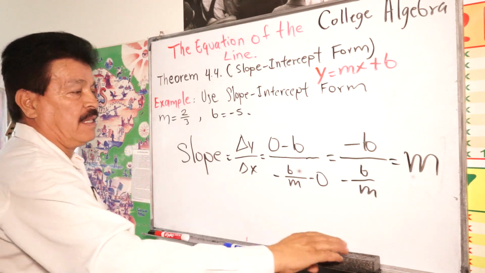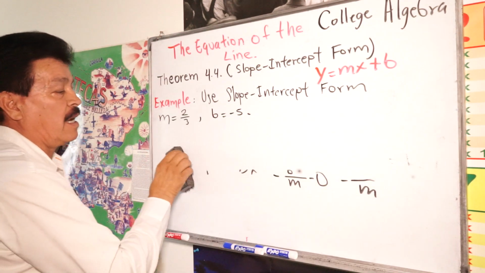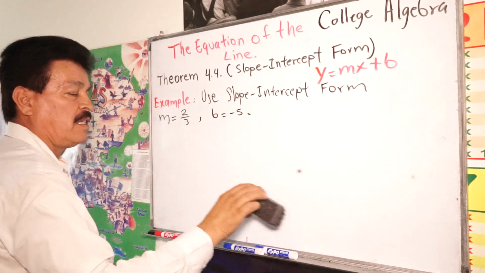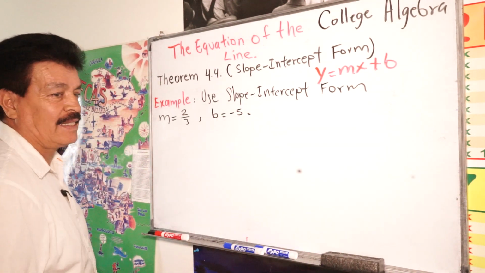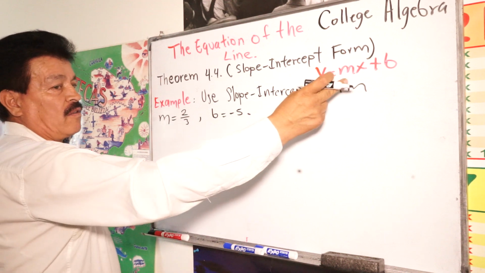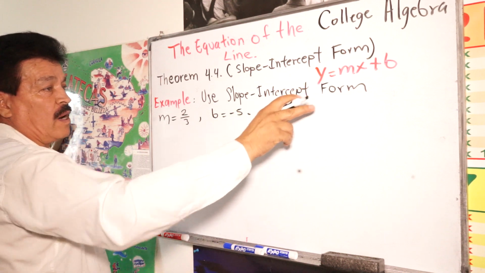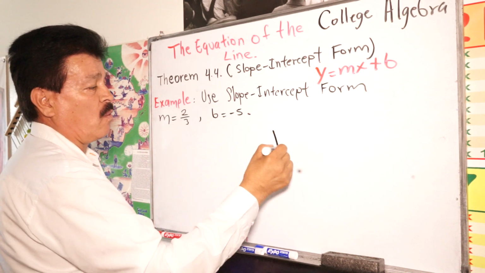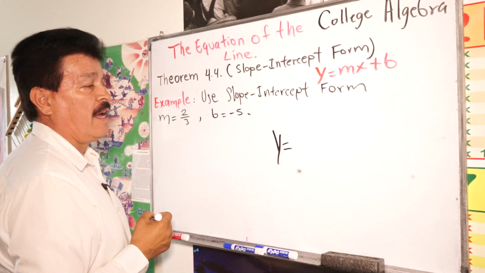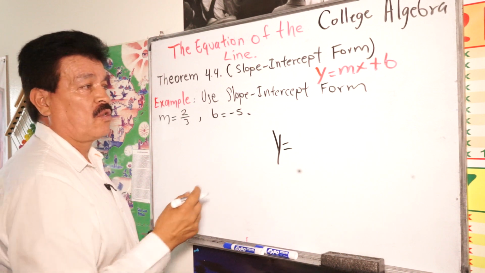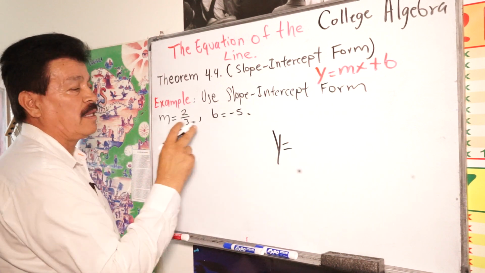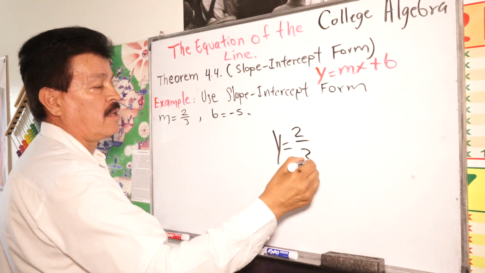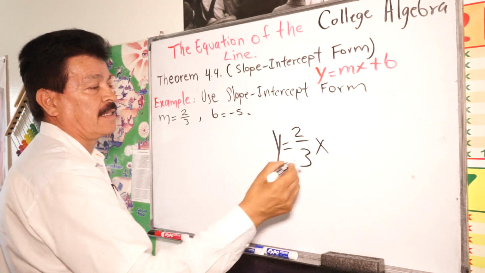After this, we are able to solve this problem. It is very simple. It is easy. Just follow the formula. Our formula is y equals mx plus b. So just write it this way: y equals. What is the slope? The slope is m. How much is m? It's 3, times x.